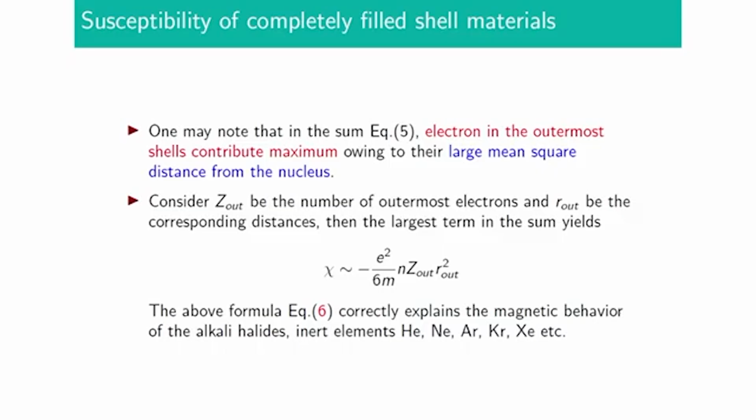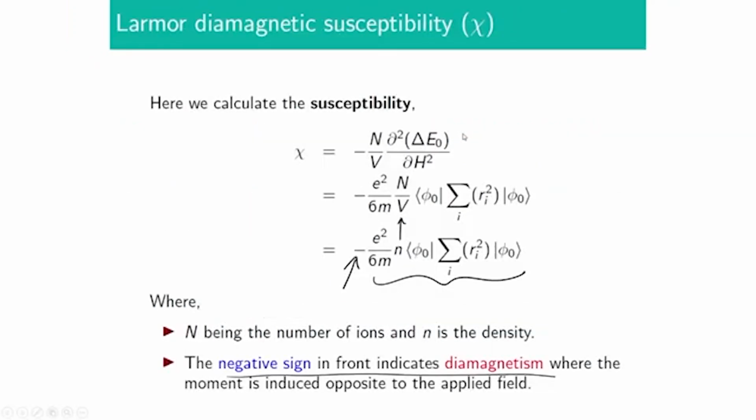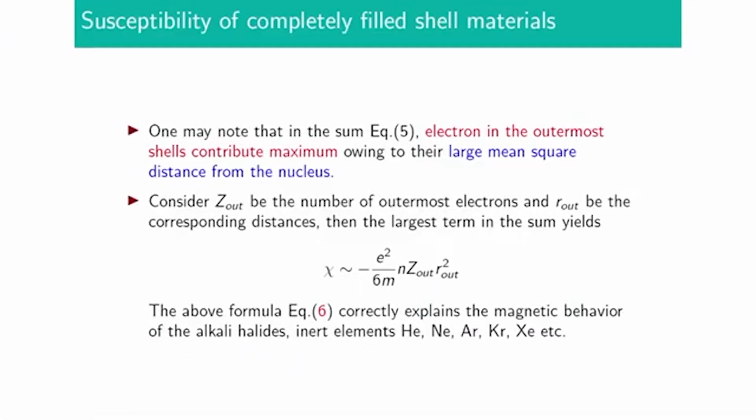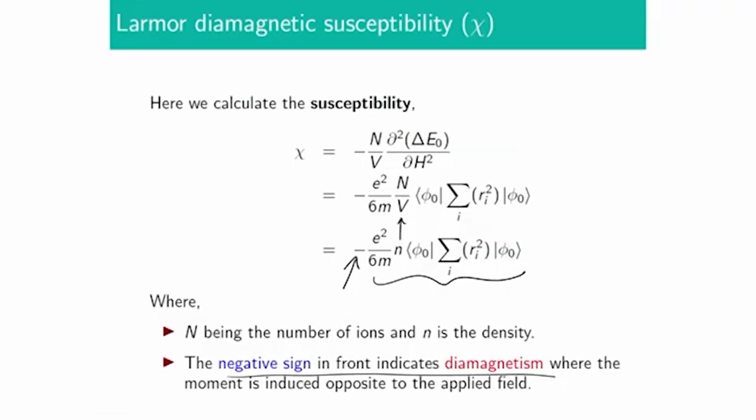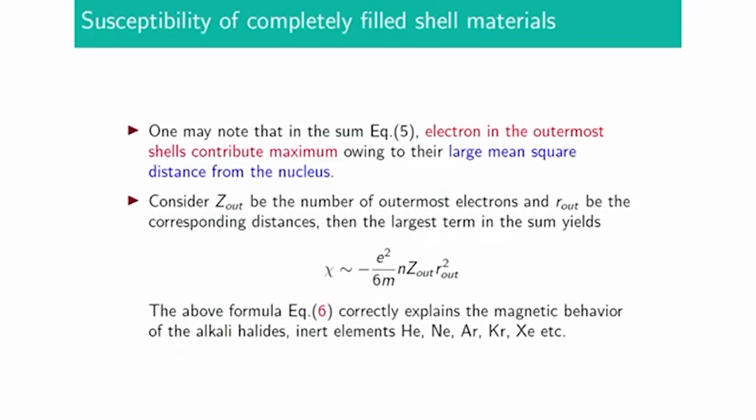Now, we keep talking about these filled shell materials or the insulating materials, and so this equation, let us call this equation 13. So, we will make this correction here, sorry about that. So, it is equation 13.